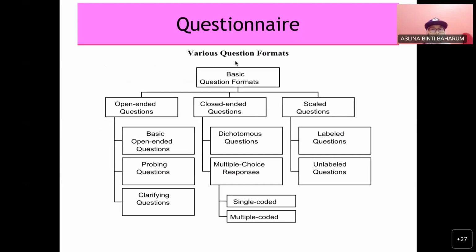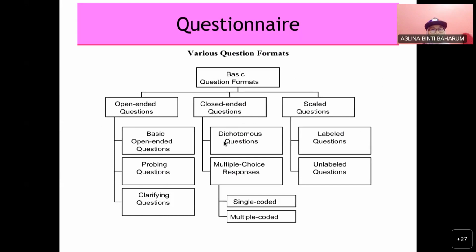So various question formats, okay, from the basic question format, we have 3 types: open-ended, close-ended, and scale questions. So open-ended, you can have basic, probing, clarifications. Because this is open, you can answer the questions beyond the options given to you, right?